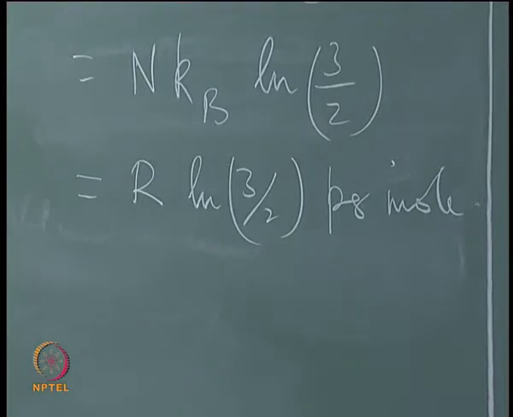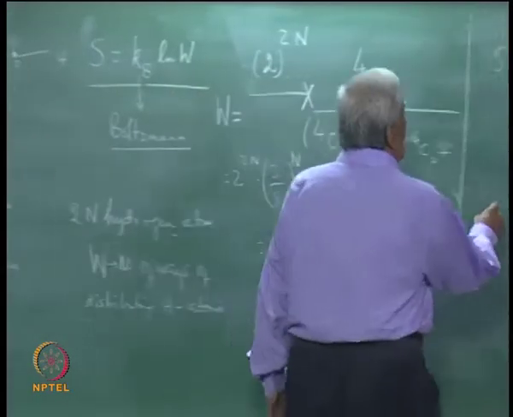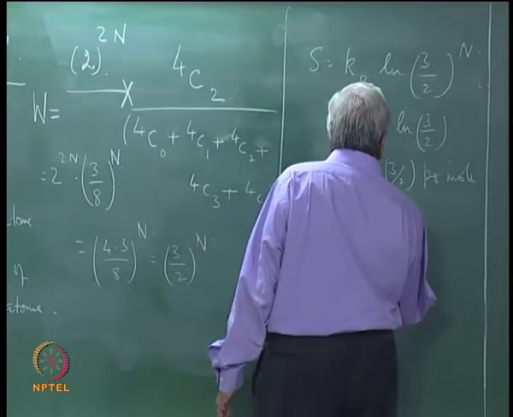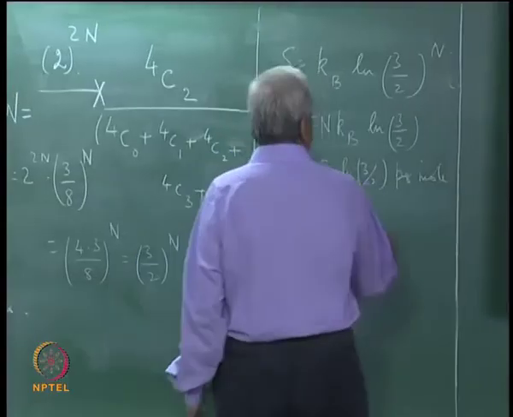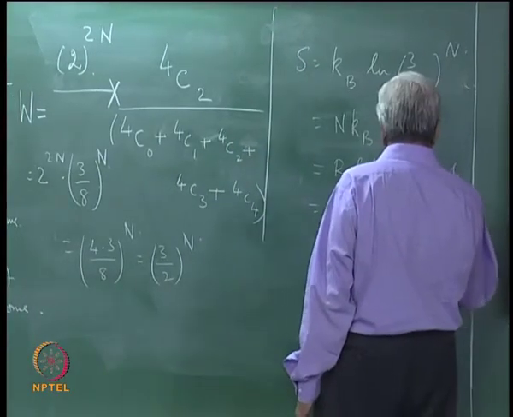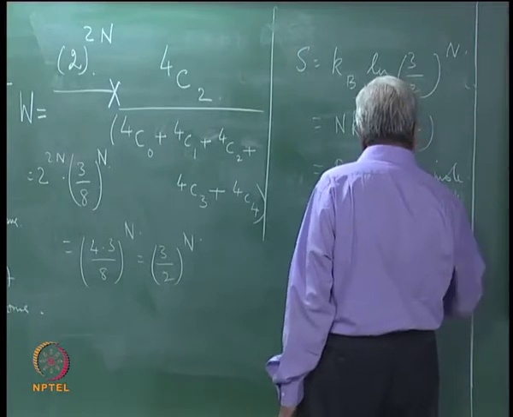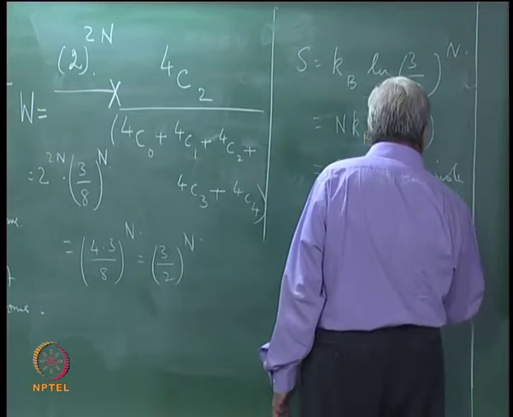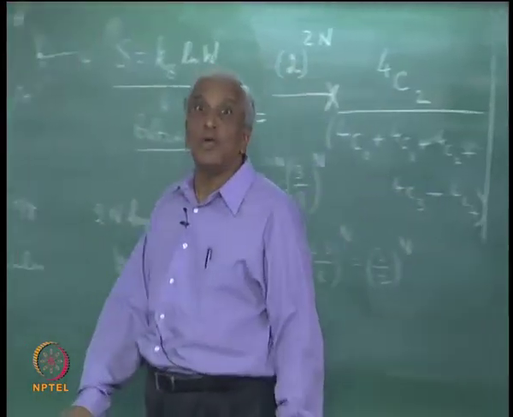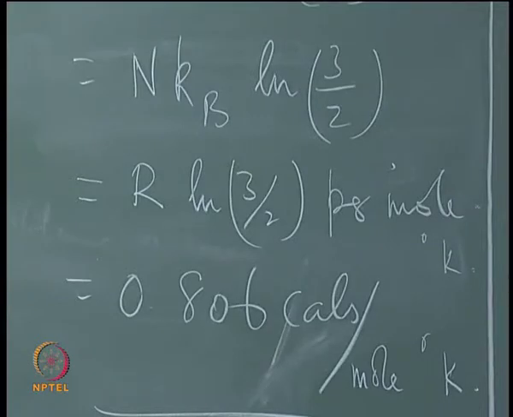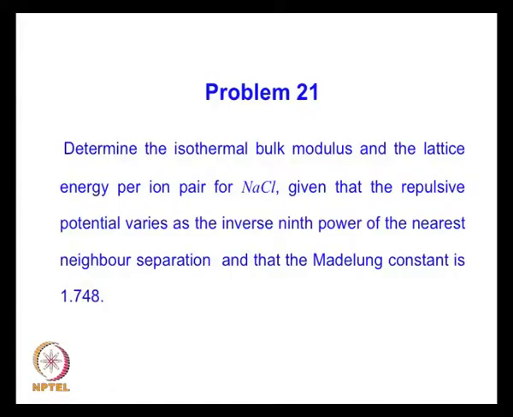So, putting in the value of R, we get it as 0.806 calories per mole degree K. That would be the residual entropy of ice. Even at 0 K, this amount of disorder and the associated entropy persists.